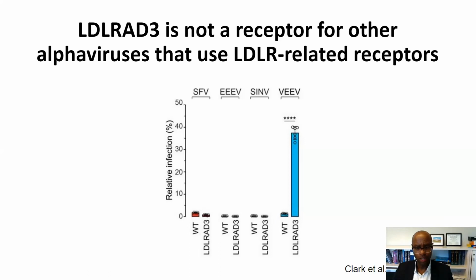And so ultimately, this suggested to us that perhaps there was extensive co-evolution between each of these viruses and the ligand-binding domains of their receptors, but perhaps VEEV had really co-evolved with using LDLR-83 and had become specialized with using that receptor only.